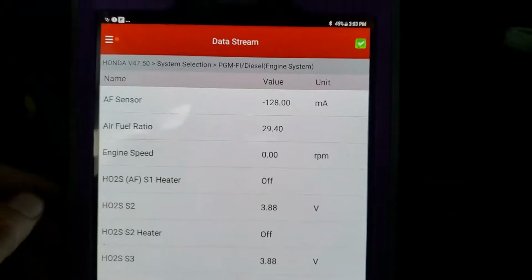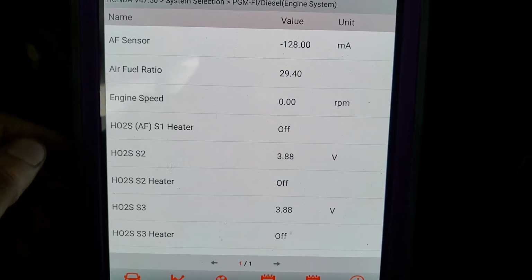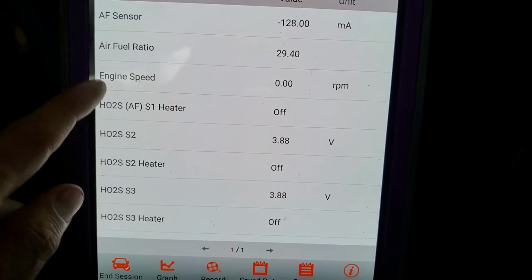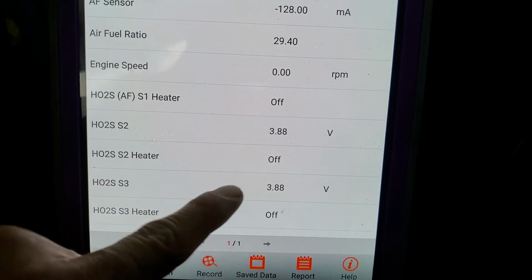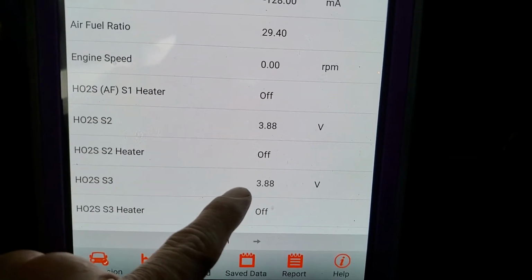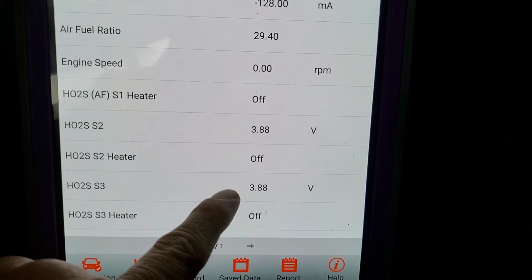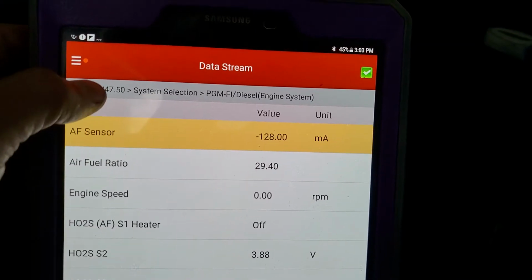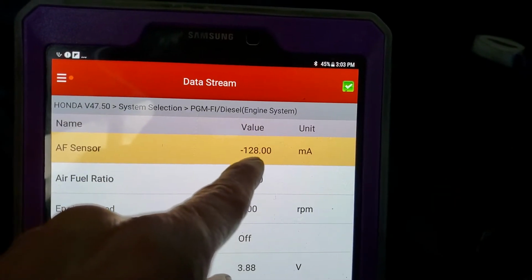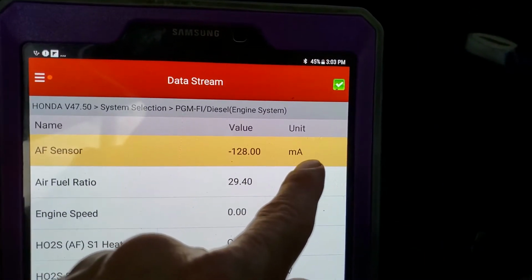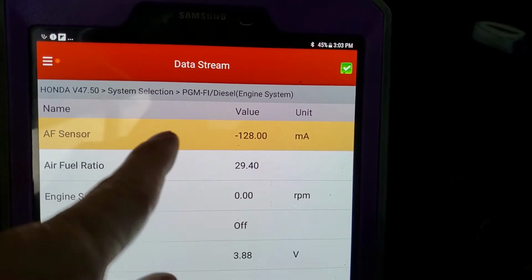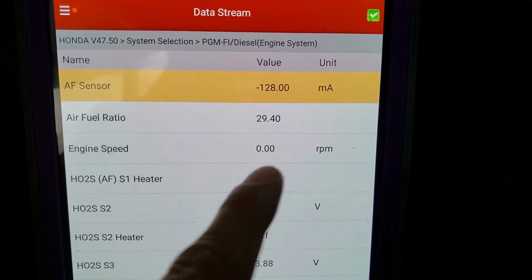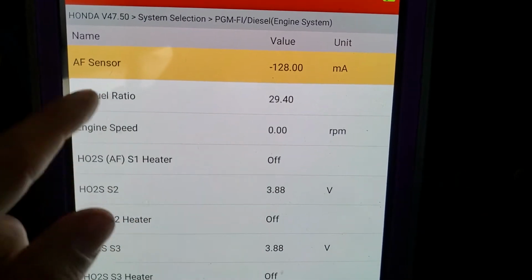Well, as we can see, this vehicle has 3 heater air fuel sensors: 1, 2, 3. So that has a bias voltage right there, 3.8 volts. The air fuel sensor, we have it at negative 128 milliamps. Remember, those sensors work based on milliamps.